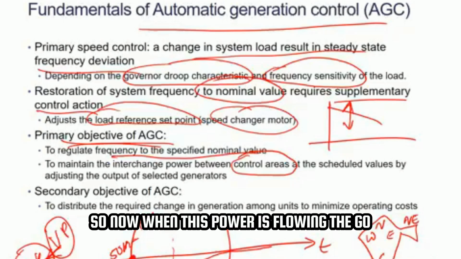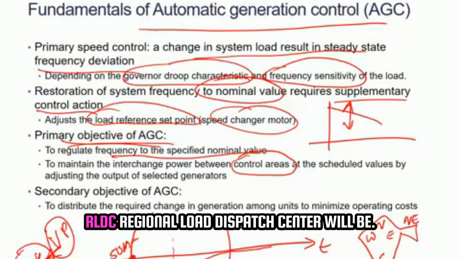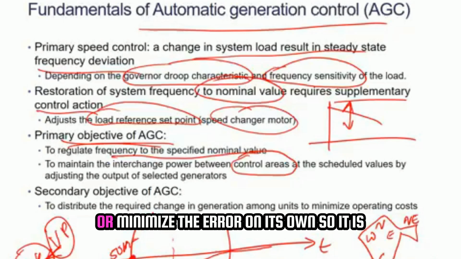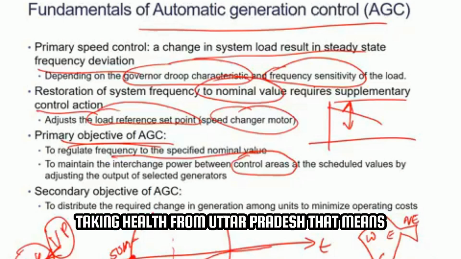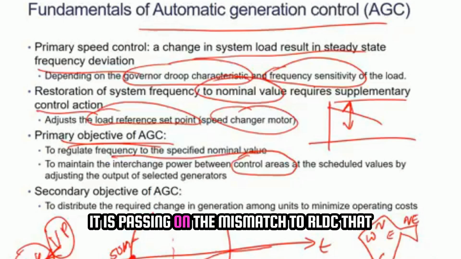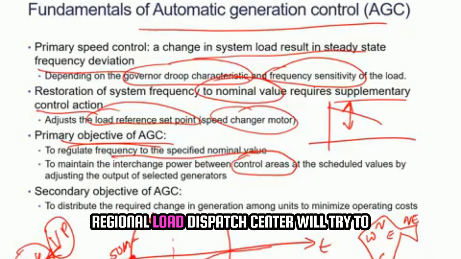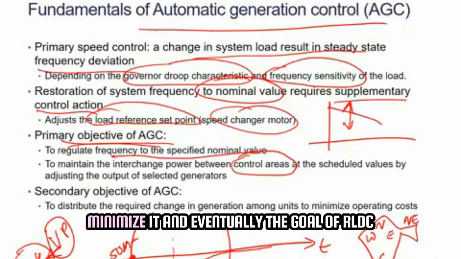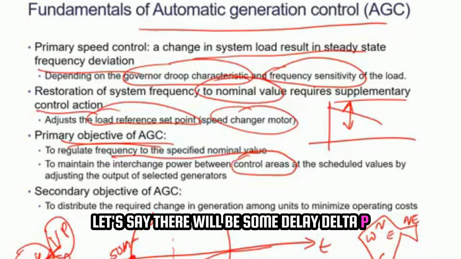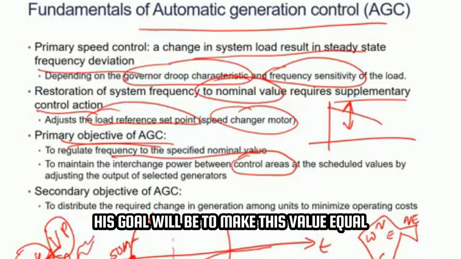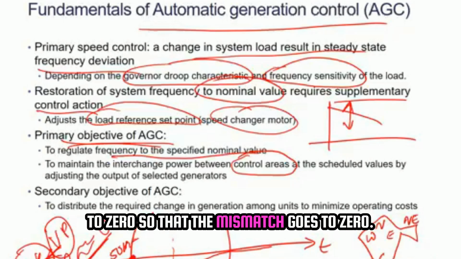Now when this power is flowing, the goal of the RLDC, the Regional Load Dispatch Center, will be this: if Uttarakhand is unable to satisfy or minimize the error on its own, it is taking help from Uttar Pradesh, and that means it is passing on the mismatch to the RLDC. The RLDC will try to minimize it. There will be some delta P required to satisfy this load, and its goal will be to make this value equal to 0, so that the mismatch goes to 0.